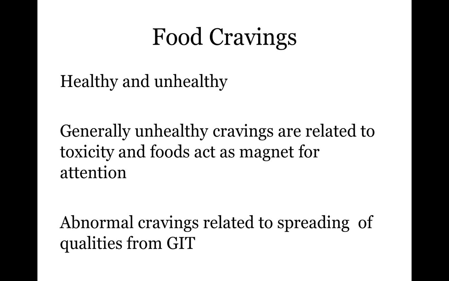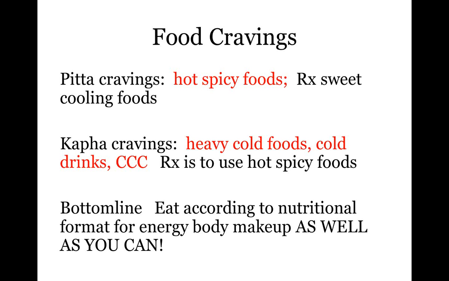Generally, unhealthy cravings are related to toxicity, that is, a lot of AMA in the system, coating on the tongue, irregular or ravenous appetite, and these foods that are craved actually act as magnets for our attention. And these abnormal cravings are related to the spreading of the qualities and AMA from the GI tract, or gut in this case.